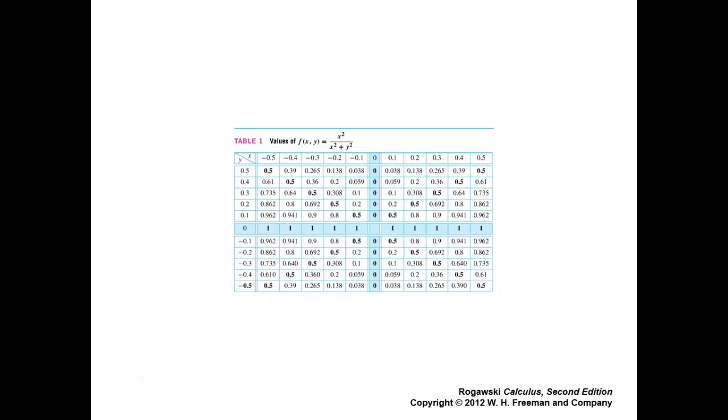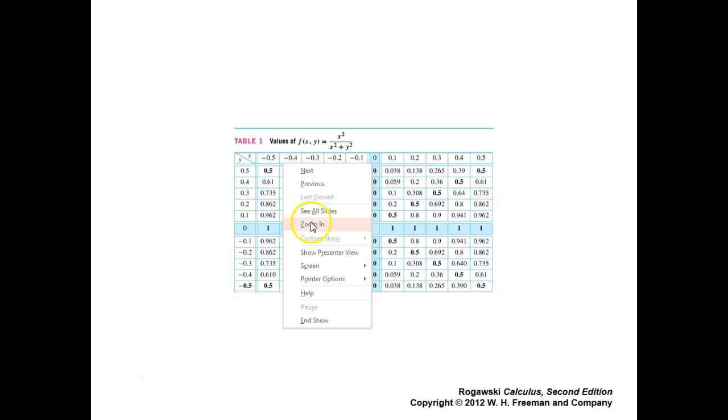All right. We're in Chapter 14, Differentiation in Several Variables, 14.2, Limits and Continuity in Several Variables, and Example 5 on page 753. So let me just blow this up.